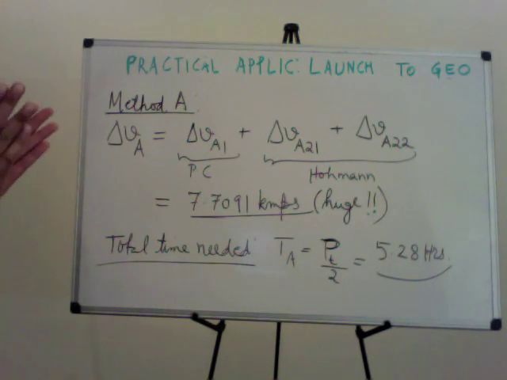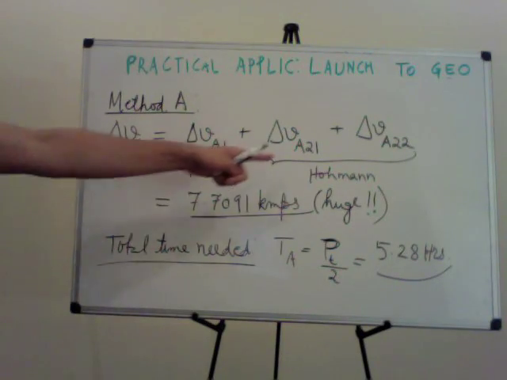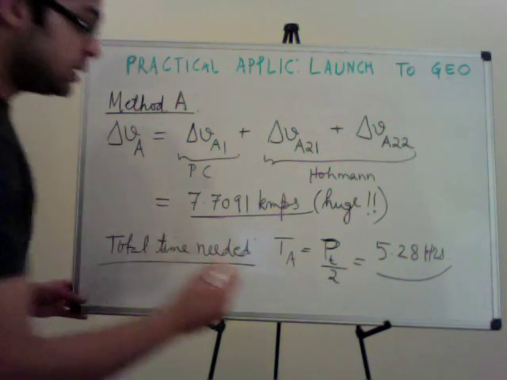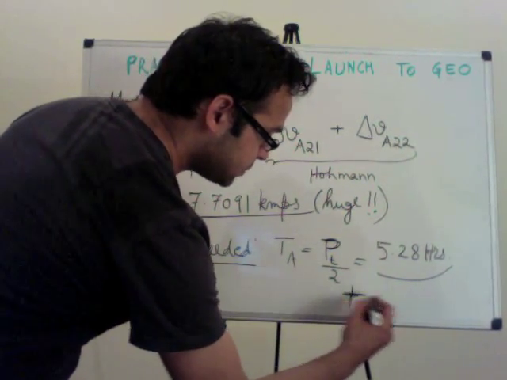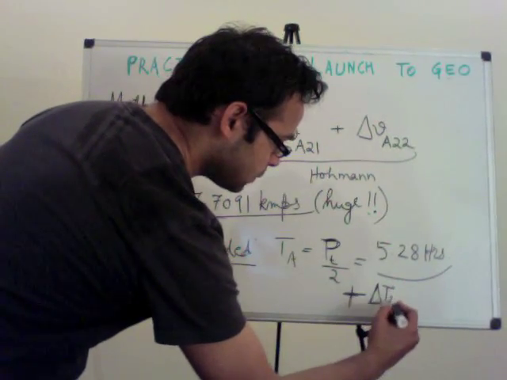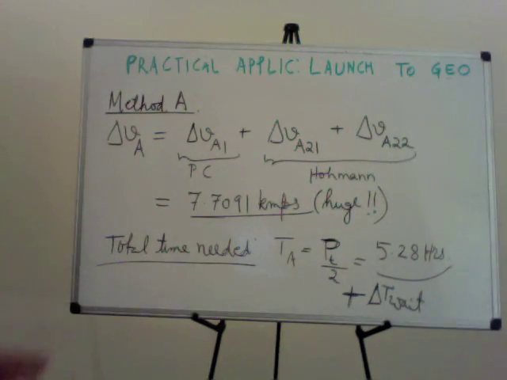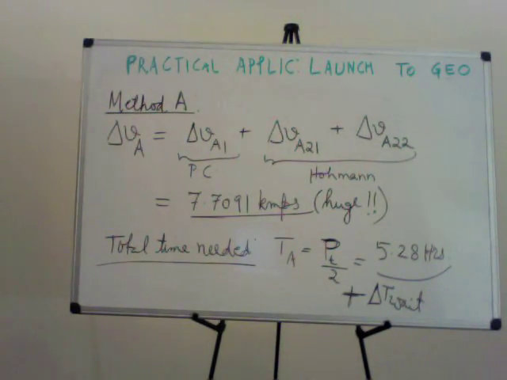You make the plane change, the impulse itself doesn't take any time, and then instantly at that moment you can transfer to the Hohmann transfer ellipse, right? So there is no waiting time there, but in reality I must say that there's a wait time, delta t wait, for implementing the plane change. I need to wait until I get to the ascending or descending node.